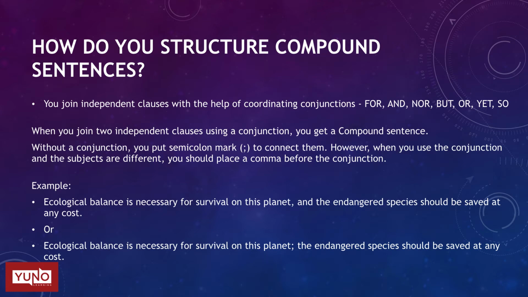Now we use them in our sentences. If you do not use a coordinating conjunction to connect your independent clauses in a sentence, you should have a semicolon. A semicolon is like a dot with a comma just below it. Unfortunately, many students do not follow this in their writing tasks.